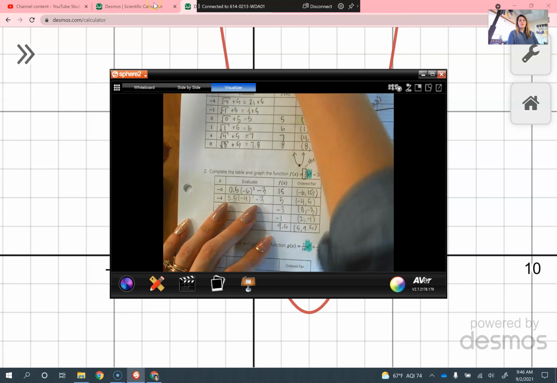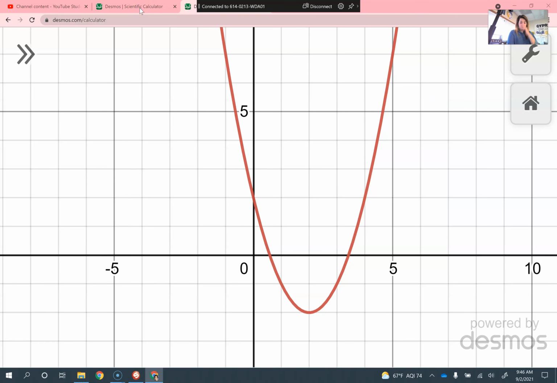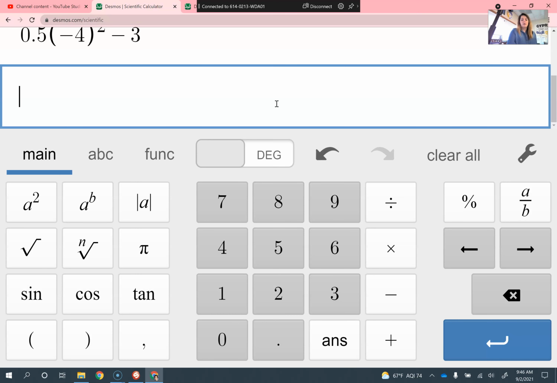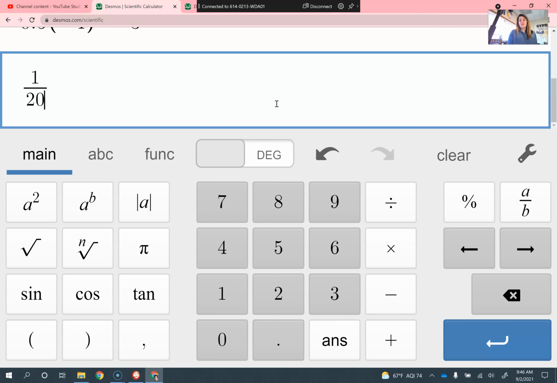When I go over to Desmos, I'm going to flip back to the calculator and type that in. So I have to do 1/20 and then arrow out of that so that you're not in the denominator anymore. Parenthesis, -4, parenthesis.